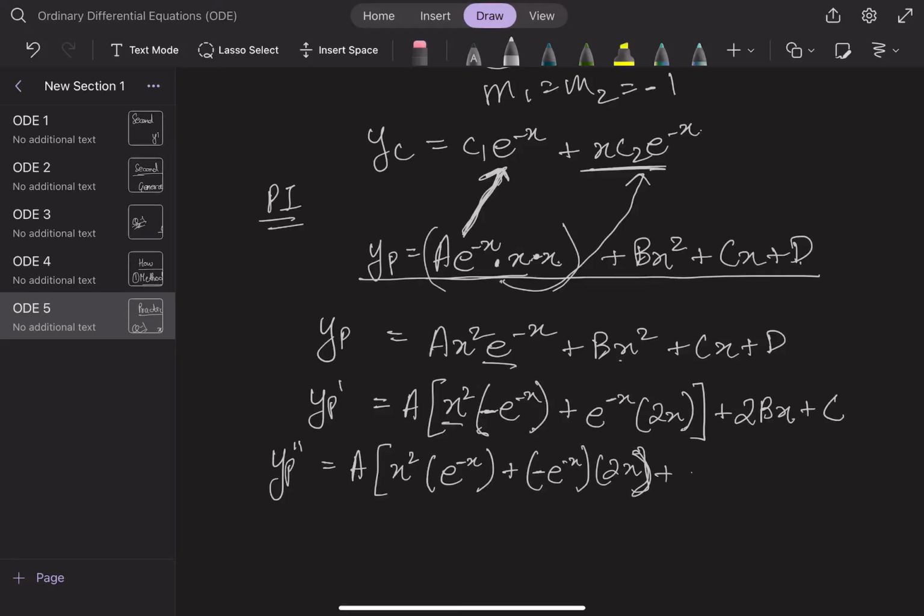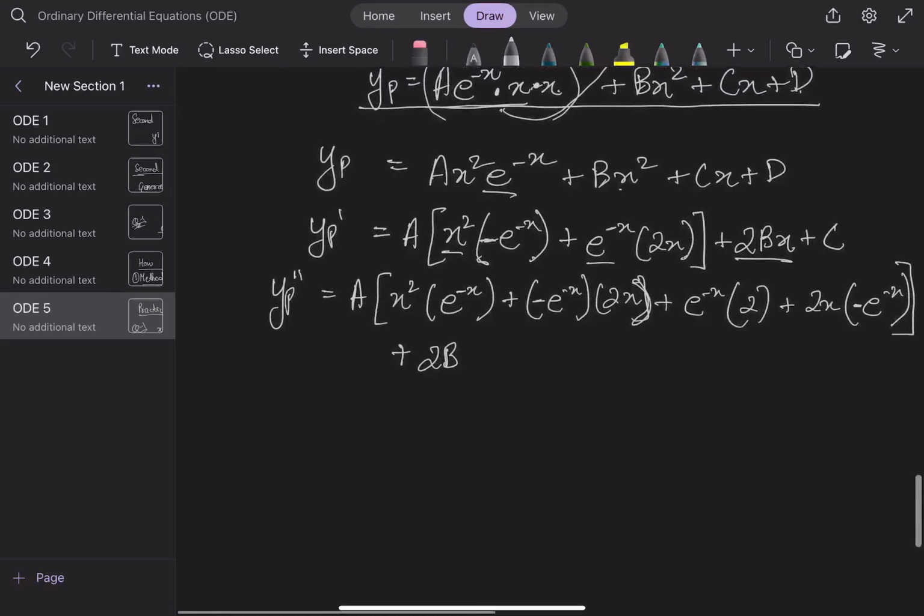Again, plus e raised to minus x, differentiate 2x, that is 2, plus 2x, differentiate e raised to minus x, that is minus of e raised to minus x. So this is the entire first term, plus differentiation of 2bx is 2b, and differentiation of c is 0.